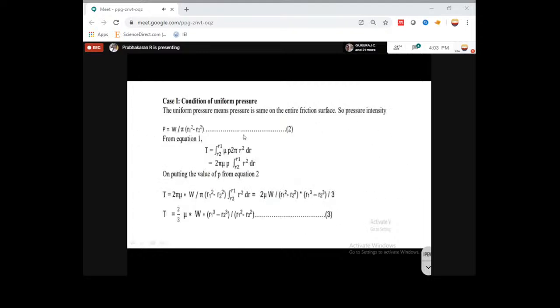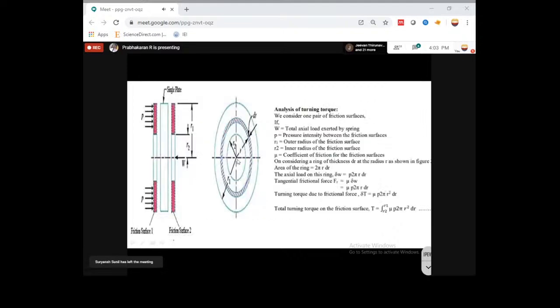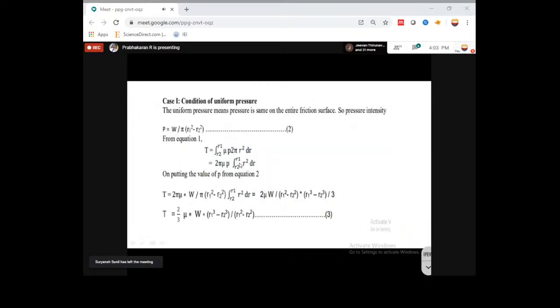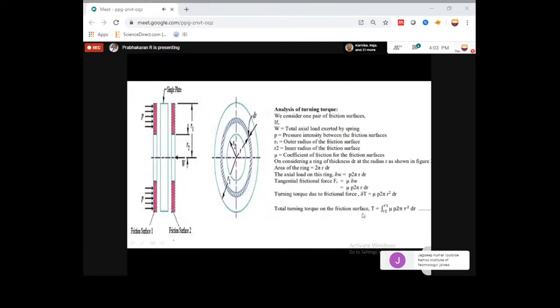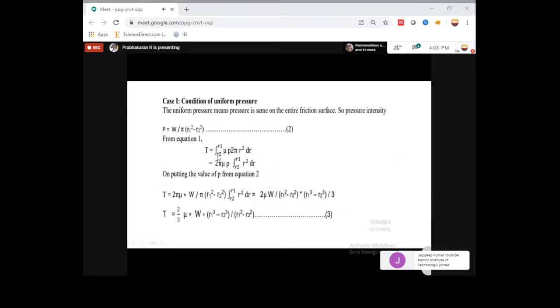Now I'm going to talk about the uniform pressure theory. We know the simple thing: pressure equals load by area. Load means W, and the area, since this is hollow, is pi (R1 square minus R2 square). So pressure equals force by area. We know the torque value, so here I'm going to apply the pressure value with limits R1, R2.